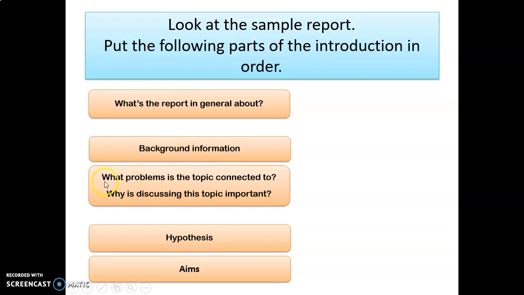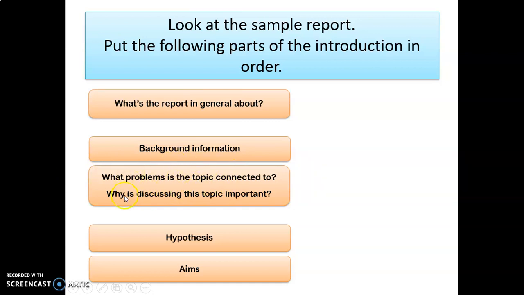And then you move on to talking about the problems this topic is connected to. And then why discussing this topic is important. It's kind of the importance of the topic, who can use this information and stuff like that.